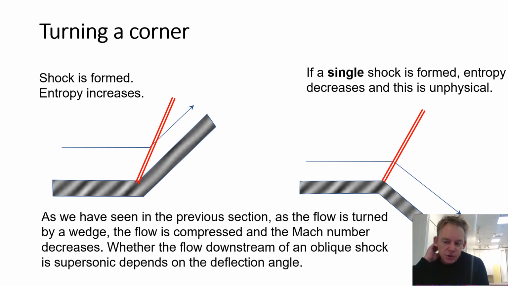And if we were to take our shock analysis and apply it to a flow turning a corner, then what we would see is that the entropy decreases. And so this isn't physical. And so what we understand by this is that a shock is not the way in which a flow turns a corner, because if it is, it violates the second law of thermodynamics.